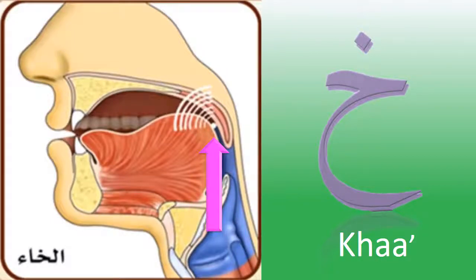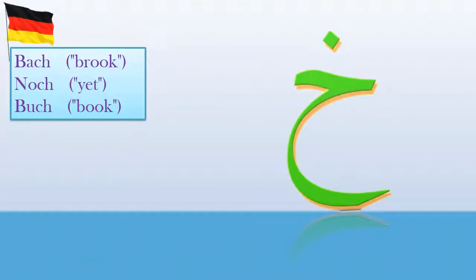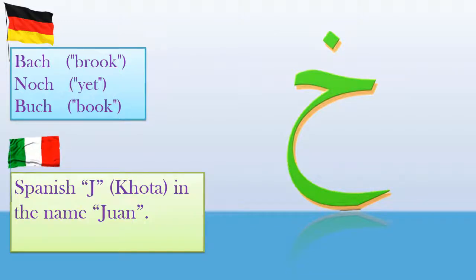Although the khaa does not have a counterpart in English, it exists in German and Spanish. So look at these three German words: Bach, noch, and Buch. In the Spanish, there is the letter J. It exists here in the name Juan. So we pronounce it as khaa.